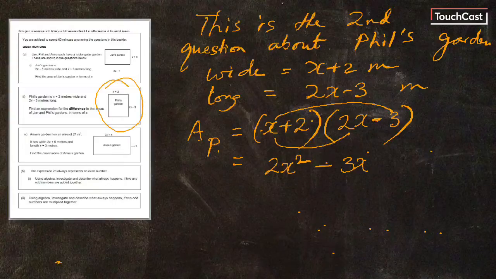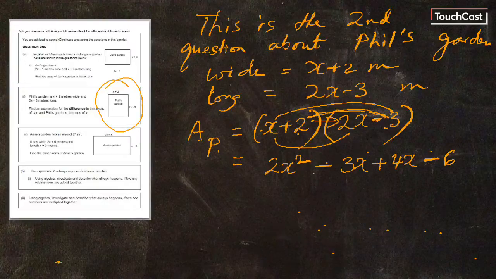Now if I multiply these two, that'll give you another positive term, so 2 times 2 is positive 4x, and then I've got to eventually multiply these two, positive 2, negative 3, so that will give you negative 6.